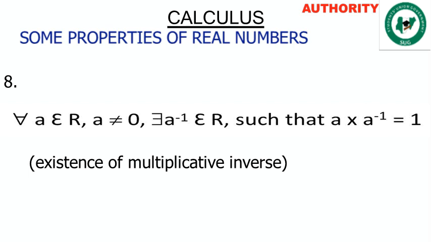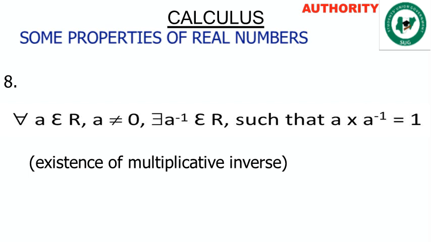Let me explain this. We say that in real numbers, there exists a number that when it is multiplied by its inverse is equal to 1. There is a number that when it multiplies its inverse, it will be what? 1.